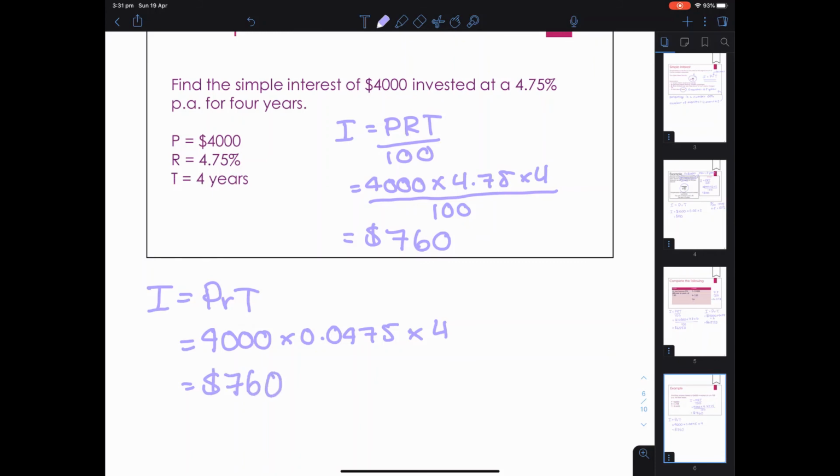All right, so that's how we do these types of questions, how we work out our simple interest. It's not too difficult. It's a lot of remembering our rule, finding the information in our question, and then putting it into our equation, and making sure that our rate is in the correct form for the rule that we're using.